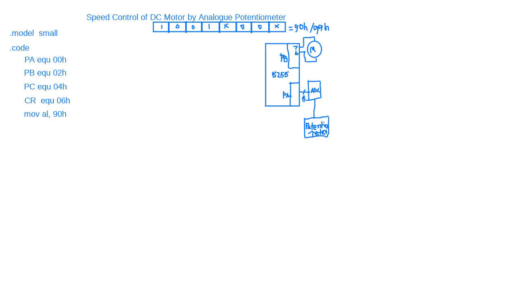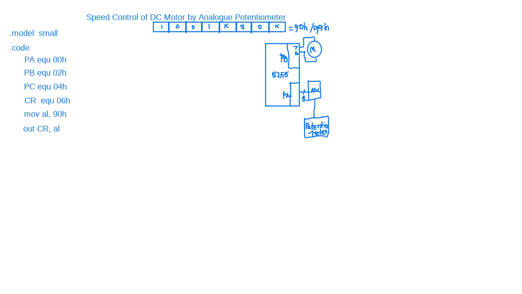So the control word is sent to the control register. Now this is the beginning of the program. Start the ADC.